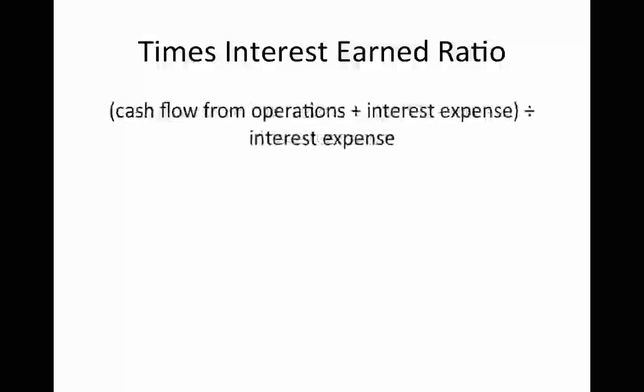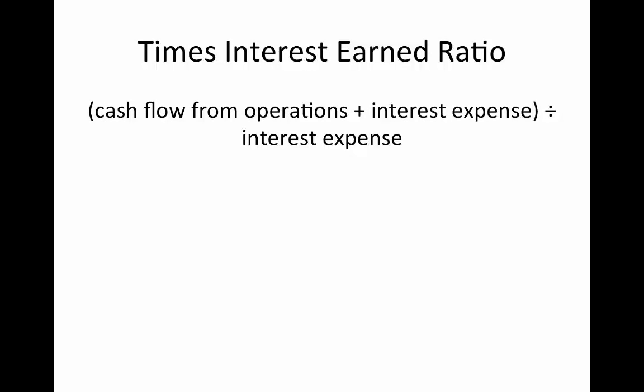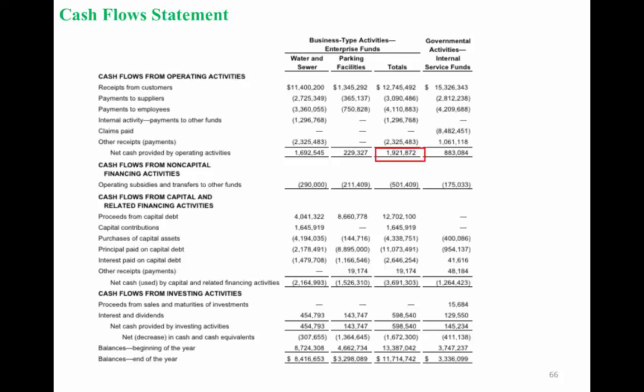So looking at the first of these two ratios, the times interest earned ratio, it's cash flows from operations plus interest expense divided by interest expense. So looking at the proprietary fund cash flow statement, we'll do this for total enterprise funds, but you could certainly do it for either of the individual enterprise funds here, either water and sewer or parking facilities.